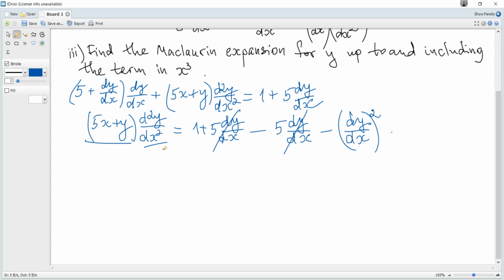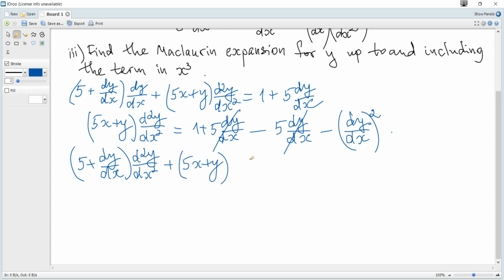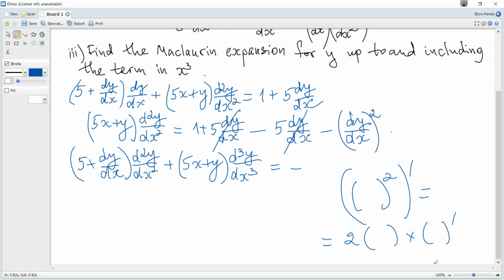And again we consider it as a product and apply the product rule, so it becomes 5 plus dy/dx multiplied by the second derivative plus (5x plus y), and the derivative of the second derivative is the third derivative, is equal to the derivative of 1, which is 0, minus, and it looks like some function squared, and we apply the chain rule, and it says that the derivative of some function squared is 2 times the function and the function's derivative.